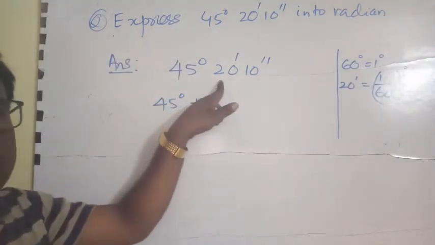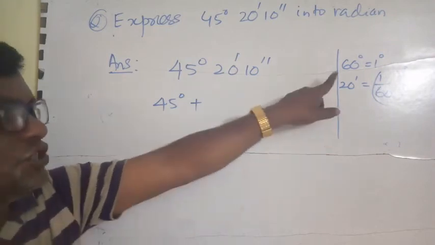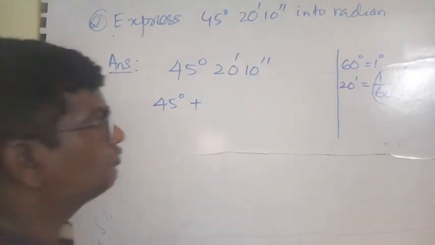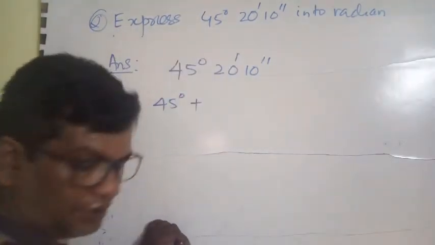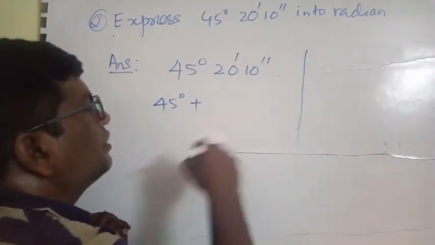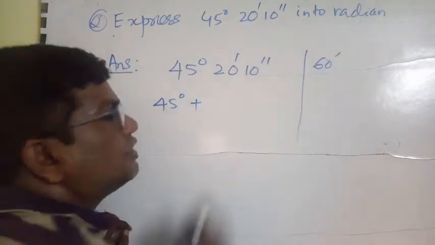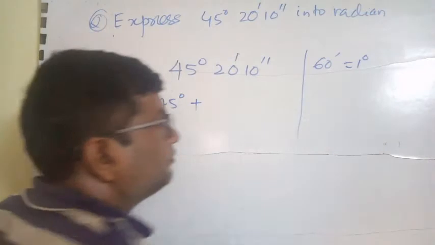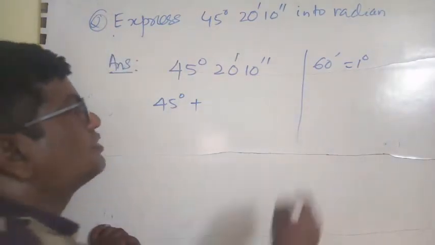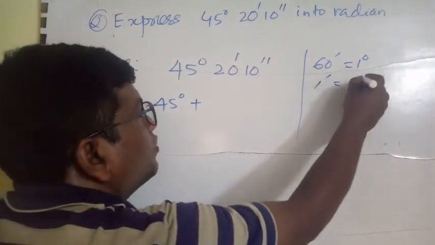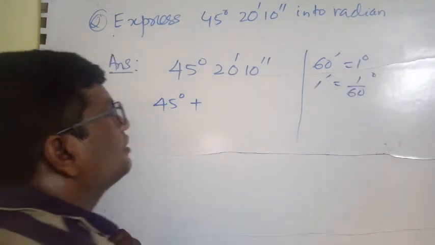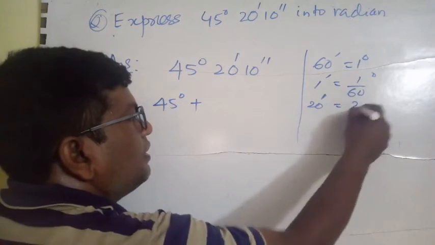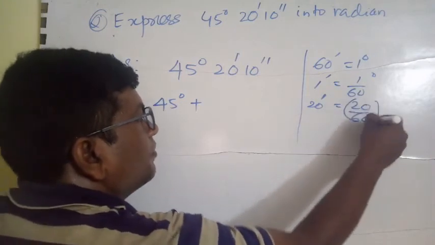We know 60 minute is equal to 1 degree, and 1 minute is equal to 1 by 60 degree. 20 minute is equal to 20 by 60 degree.